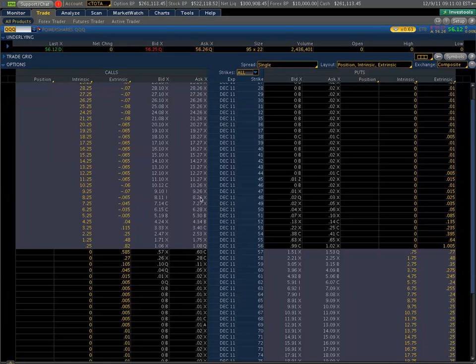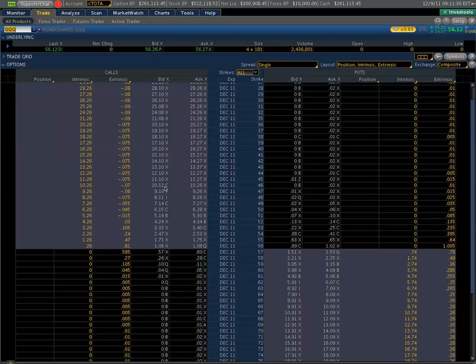Anything below that on the call side is considered to be in the money. Anything above the current price of the ETF is considered out of the money, at least one strike price higher than the actual level of the ETF.